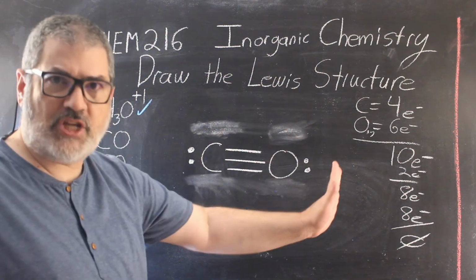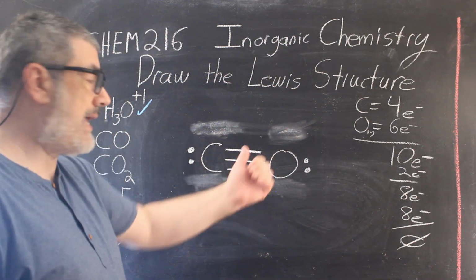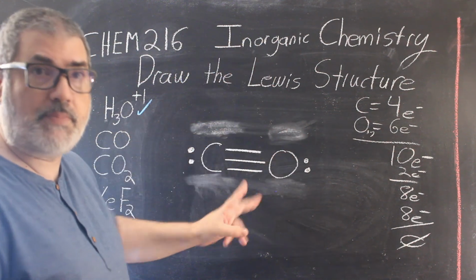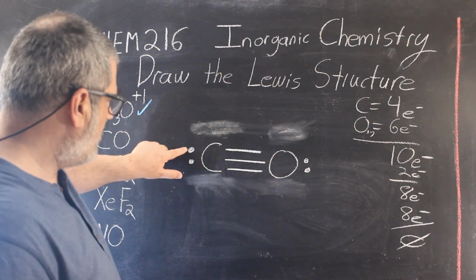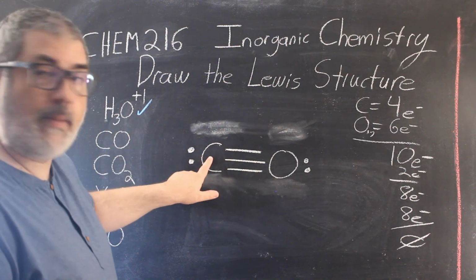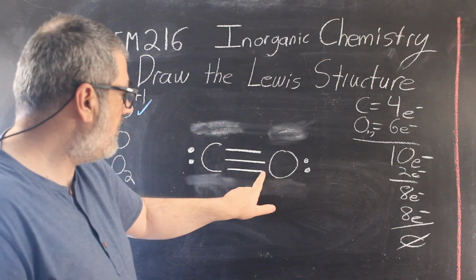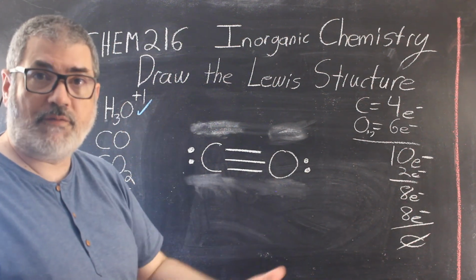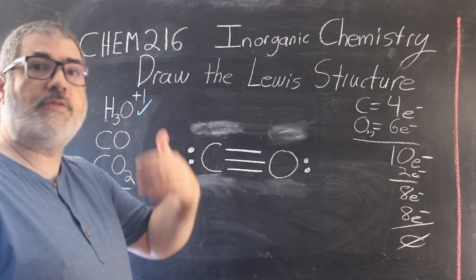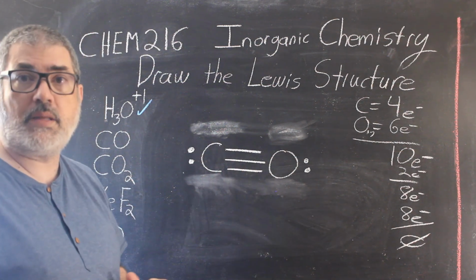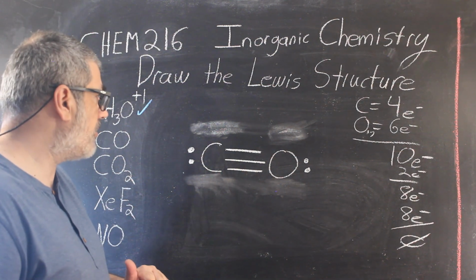So I haven't changed the number of electrons, but I have converted from lone pairs to bond pairs for 2 sets. 2, 4, 6, 8, right? So carbon has the octet, 2, 4, 6, 8. So does oxygen. So from a Lewis dot structure point of view, we have satisfied the octet rule, and this is the best structure. This is our correct structure.